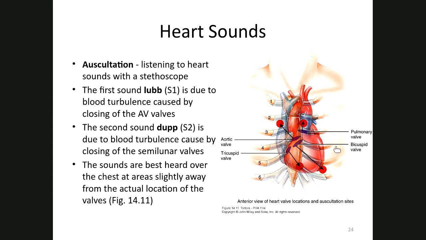The pulmonary valve is located in between the third costal junction, but we listen to that below the second rib at the costochondral junction. And the bicuspid valve, even though it's located in this region, we tend to hear it just below the fifth rib on the left.